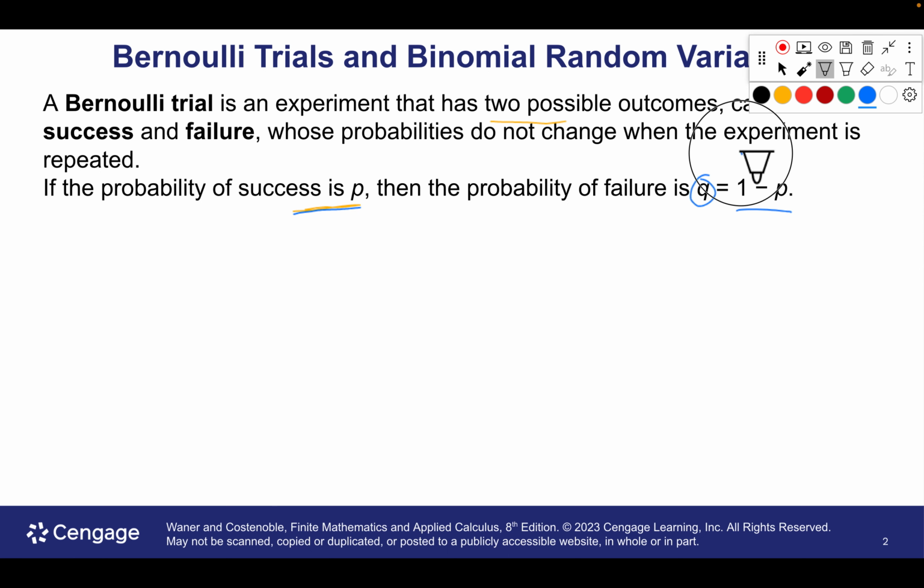So 100% minus whatever the percent of success is. If I have a 10% chance of success, I would have a 90% chance of failure. Whatever the success rate is, the failure rate is the complement to 100. That's all this is.